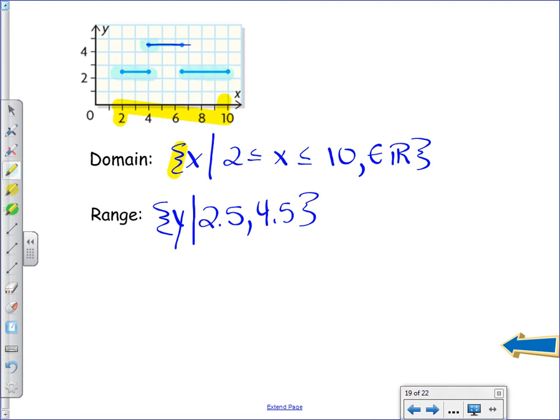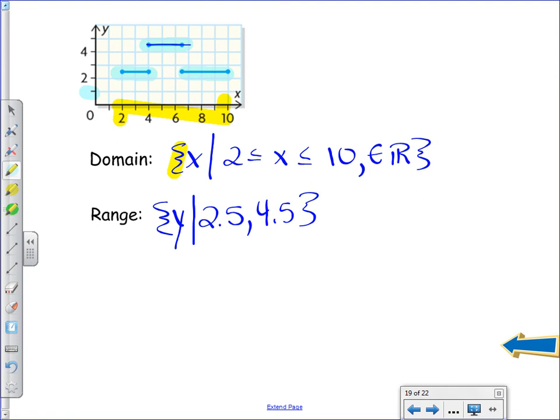There's nothing in between there, which is why I only have two y values. X's are a little bit different because x is continuous, it goes on, but it jumps, it goes right from 2.5 right up to 4.